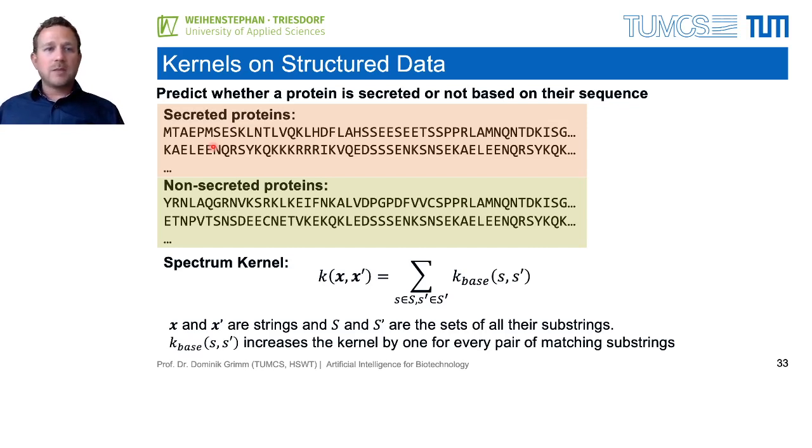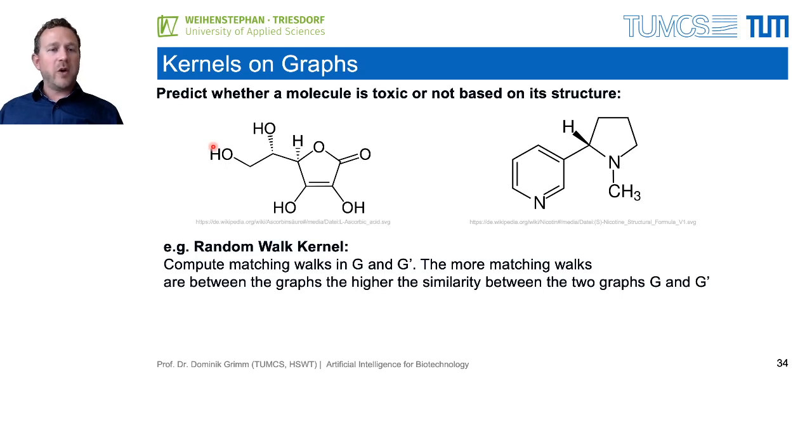There are other kernels, for example, to compare graphs. Very often, we would like to predict whether a specific molecule is toxic or not based on its structure. So what we could use here, for example, is a so-called random walk kernel. What a random walk kernel is doing, it computes matching walks in the graph G and in the graph G prime.